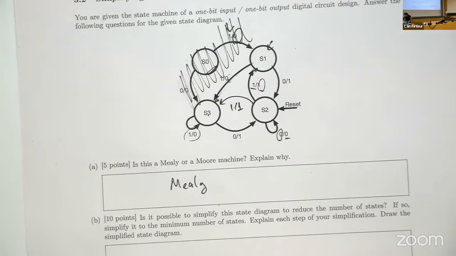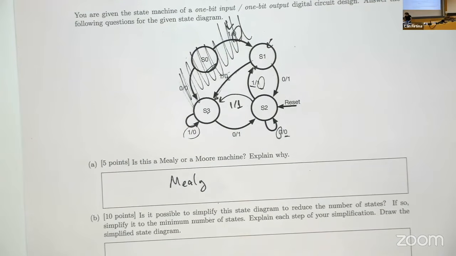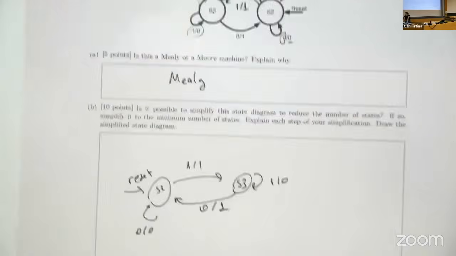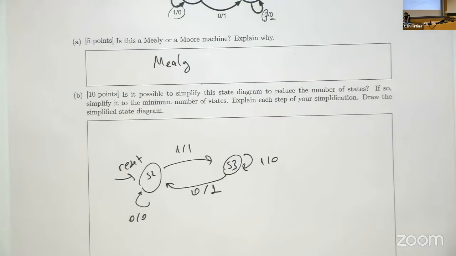So we can have it as 1/1 to S3, and then we stay here if it's 1, and then we go to the initial state if the input is 0. And this is going to be the simplified state diagram for the circuit, the machine given above. Do you have any questions about how I simplified it?